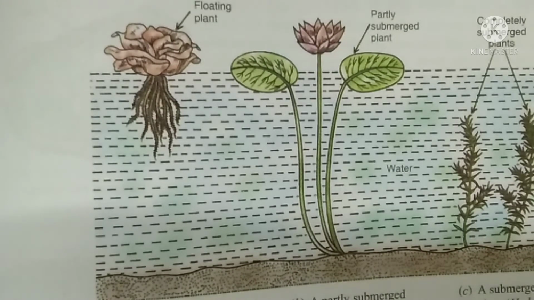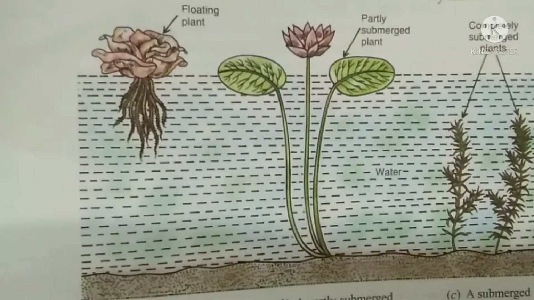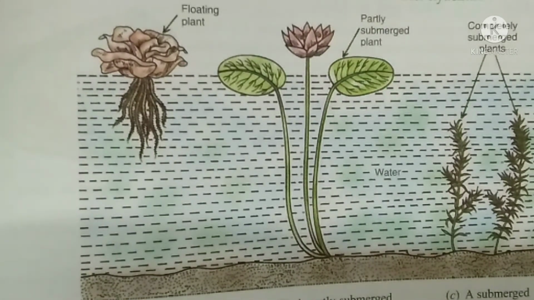They are called fixed plants. They are fixed at the bottom of the water body. And the other ones are completely submerged in water. They are called underwater plants. So these are the different types of aquatic plants: partially submerged and totally submerged plants, then freely floating plants.